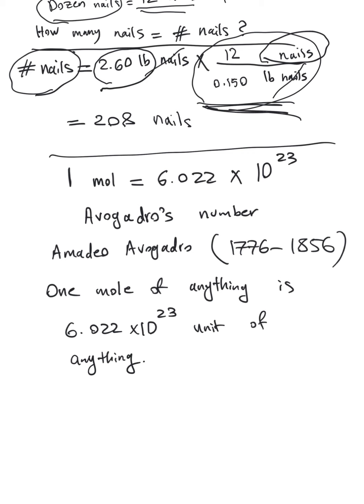So 1 mole of marbles would be 6.022 multiplied by 10 to the power of 23 marbles, or 1 mole of grains of sand would be 6.022 multiplied by 10 to the power of 23 grains of sand. Or 1 mole of books would be 6.022 multiplied by 10 to the power of 23 books. Any questions about mole?